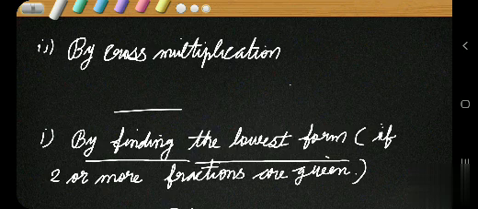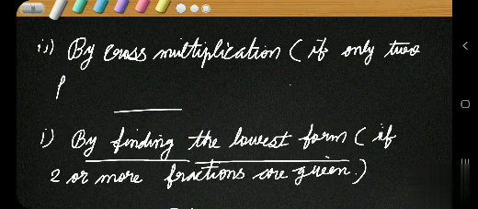This method can be applied if only two fractions are given.